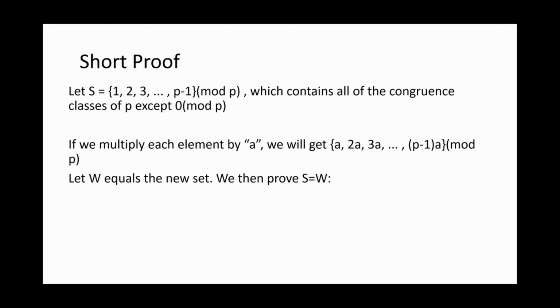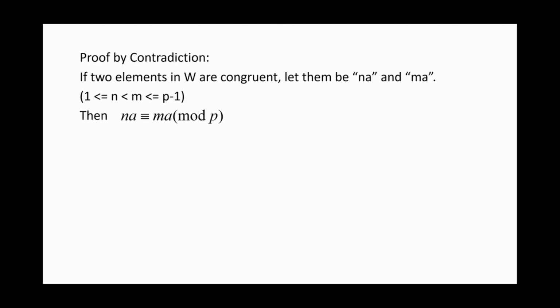We then should prove S equals W. To prove S equals W, we need to prove the following claim: no two elements in W are congruent. Prove by contradiction. If two elements in W are congruent, let them be na and ma.